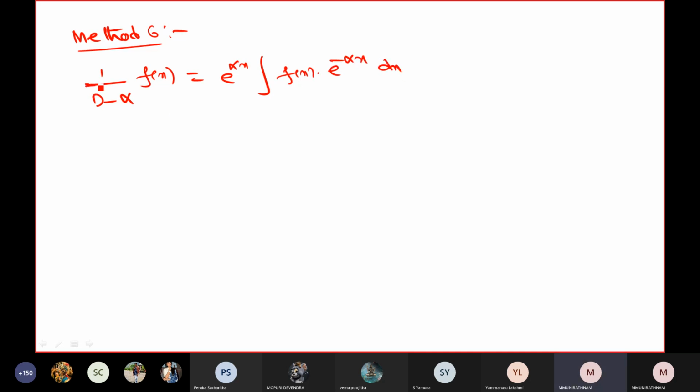Actually we know that 1 by D of f is nothing but the integral of f. In the same way, 1 by (D minus alpha) of f of x is e power alpha x into the integral of f of x into e power minus alpha x.